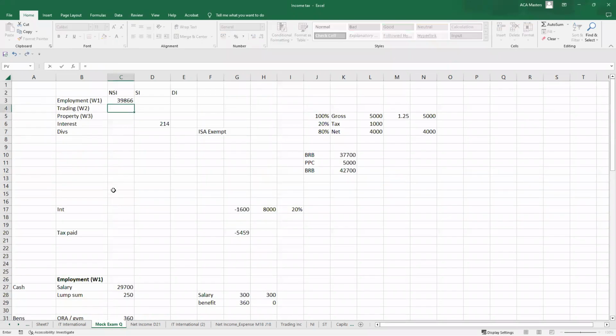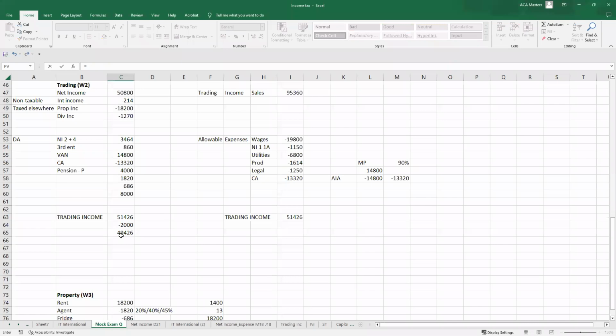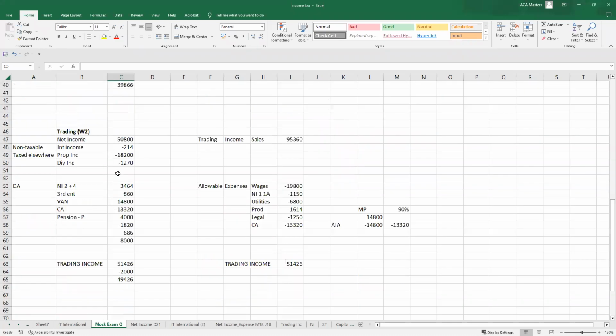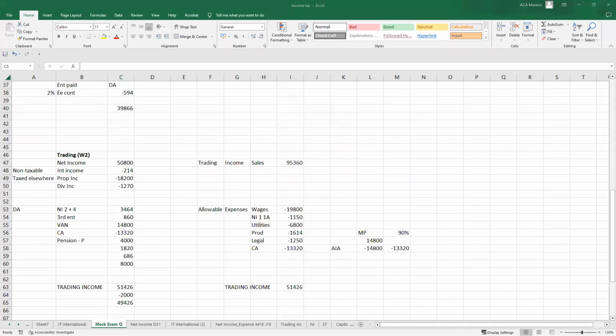So therefore we've got the trading income for the year, and that's the final amount that we needed there.